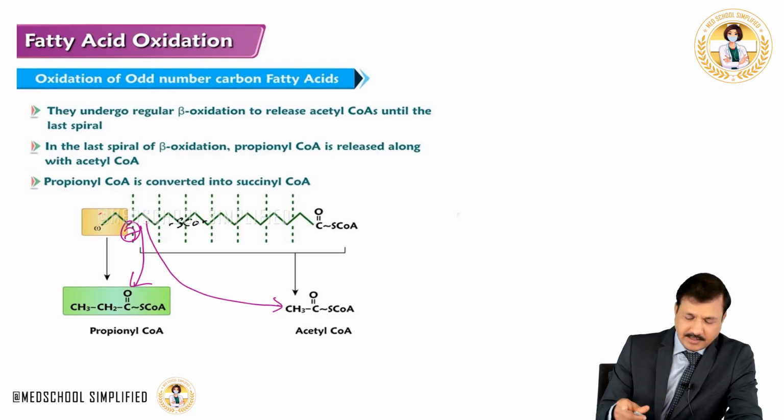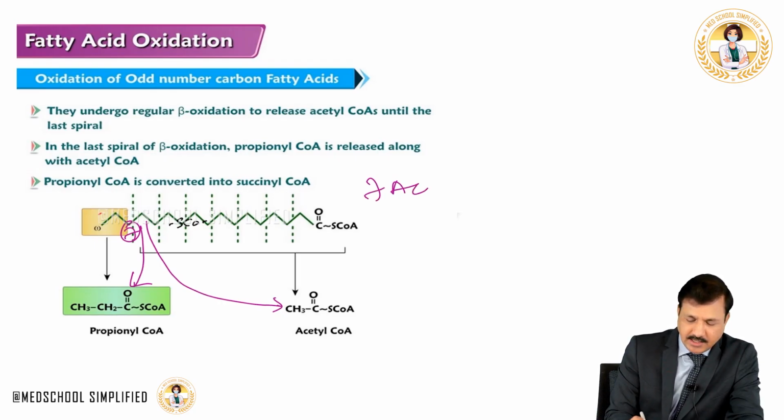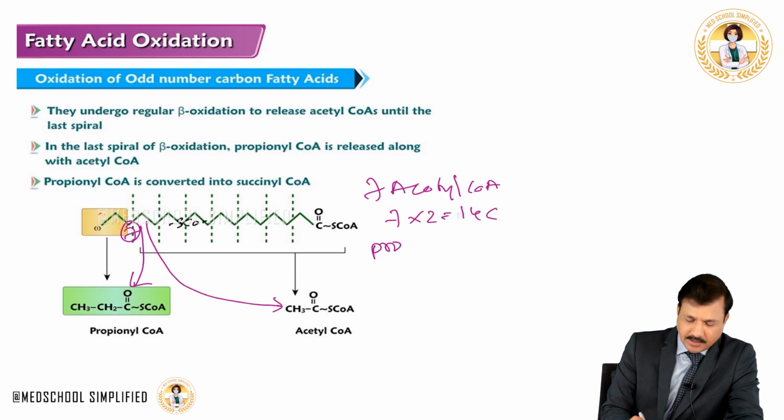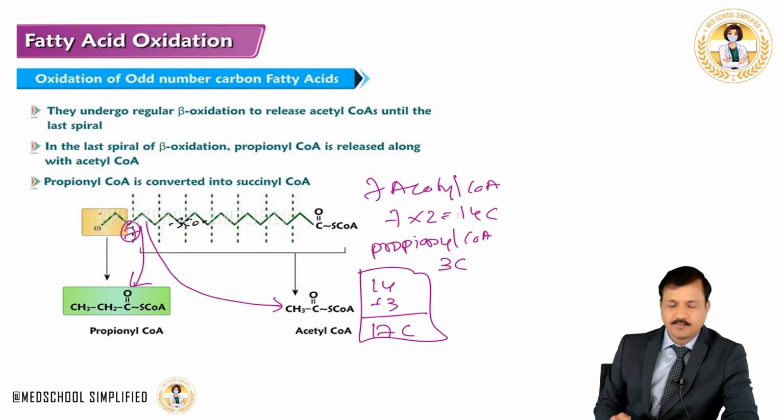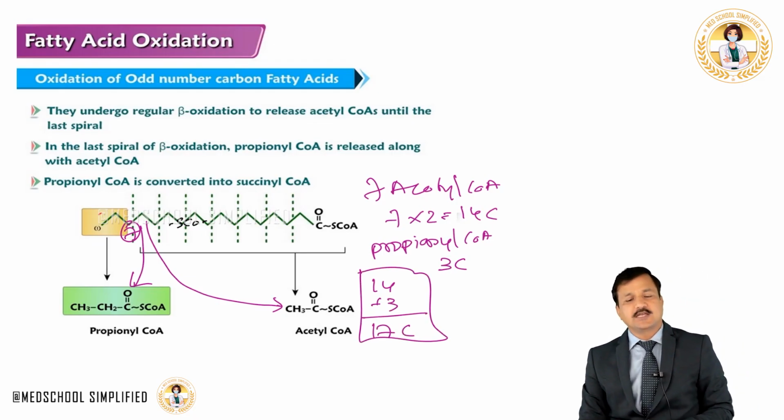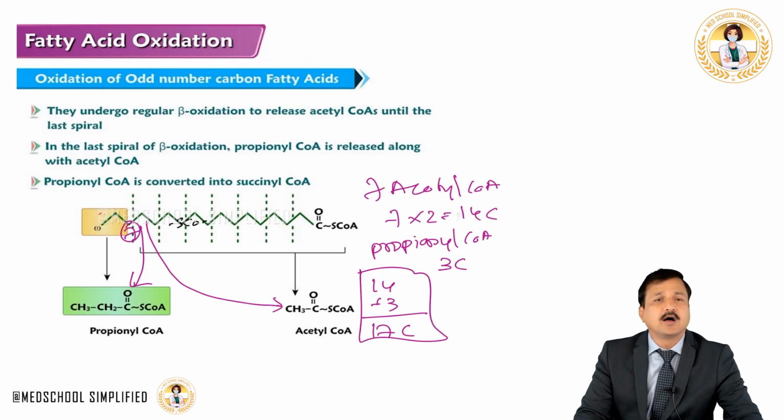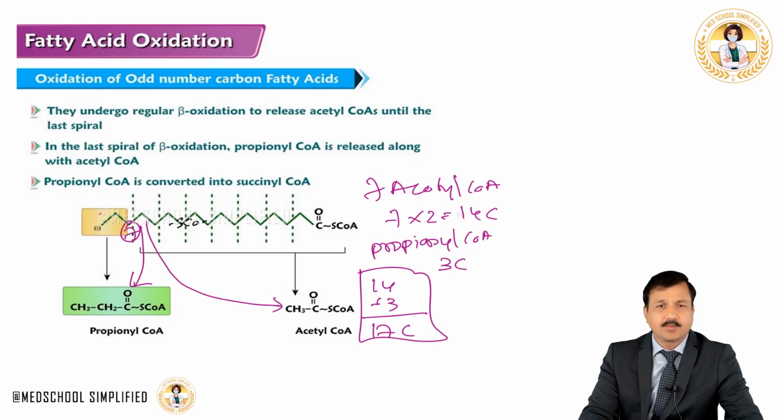So let me write it down again. 7 acetyl-CoA means 7 times 2, 14 carbon, and 1 propionyl-CoA, which is a 3 carbon. So 14 plus 3, it is 17 carbon. That's how we have broken down or oxidized a 17 carbon fatty acid into 7 acetyl-CoAs and 1 propionyl-CoA.